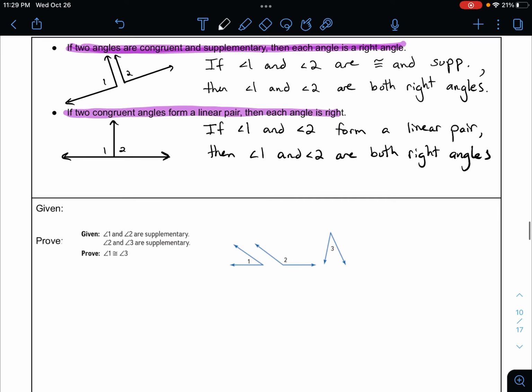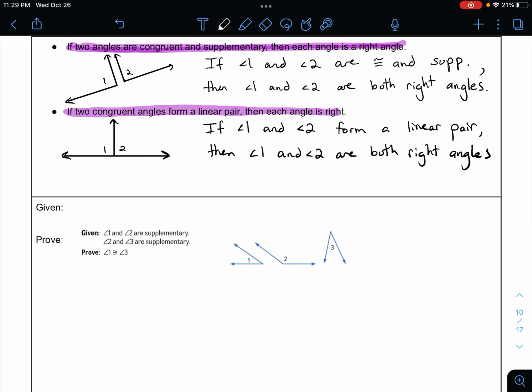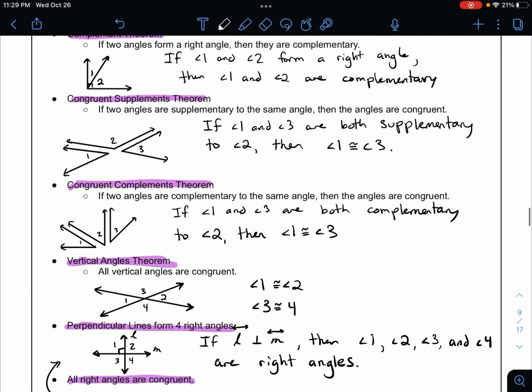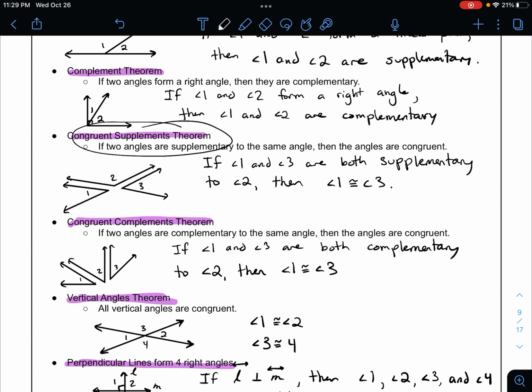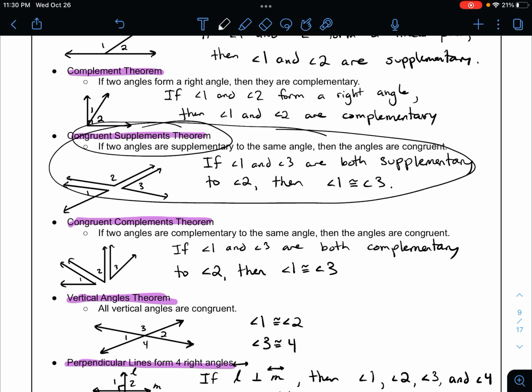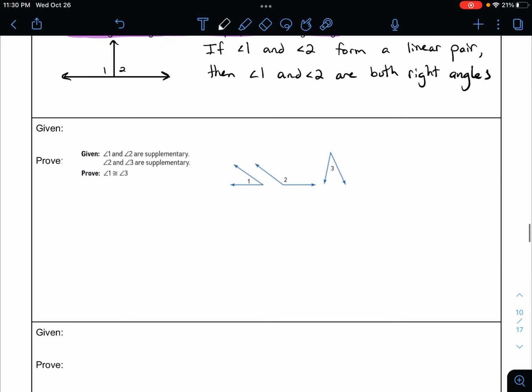So let's try this next proof. This is actually a proof of the congruent supplements theorem, okay? So remember, the difference between theorems and postulates is that postulates are just accepted to be true. Theorems, you can actually prove them to be true. So we're actually going to prove that this statement here is true, all right?